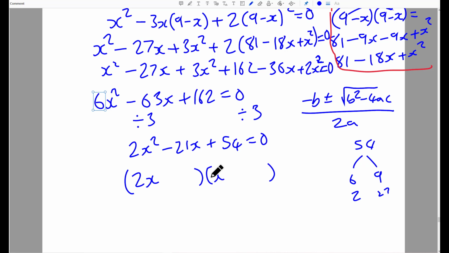It's got to be 6 and 9, right? 2 times minus 9 is going to give us minus 18. No, so let's make that 6. Maybe easier just to use the quadratic formula, guys. Yeah, minus 12x minus another 9x is going to give us that minus 21. 9 times minus 6 is going to give us that 54, and now we've got that 2x squared there.